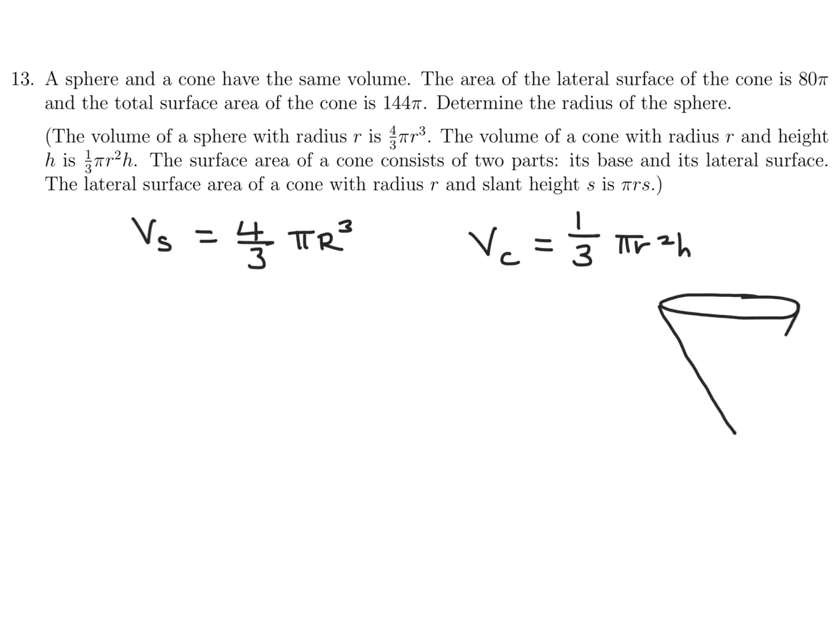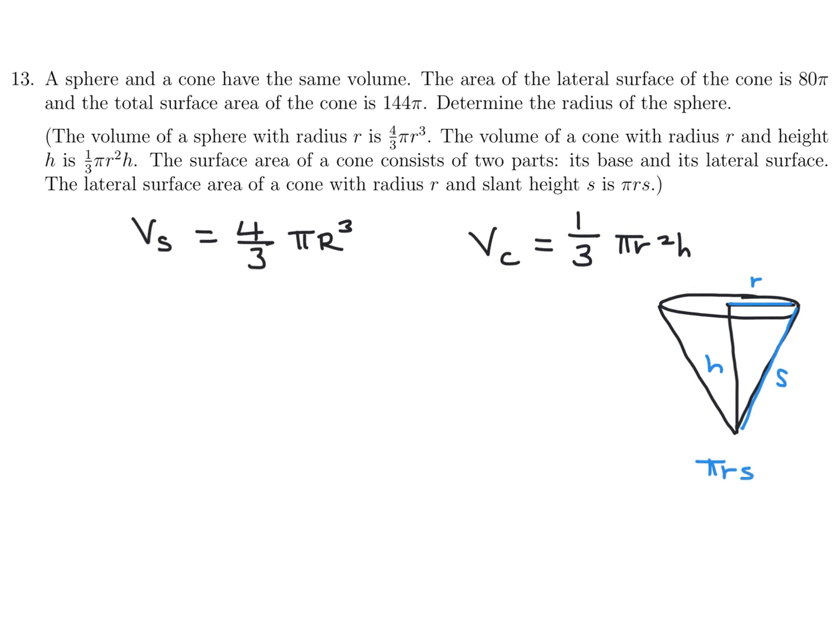Let me just draw a cone first. This is the center, let's say. So if this is the radius, this blue part, and then this is the height, and this is the slant, from here to here. And what are they saying here? The lateral surface area of a cone is pi rs.